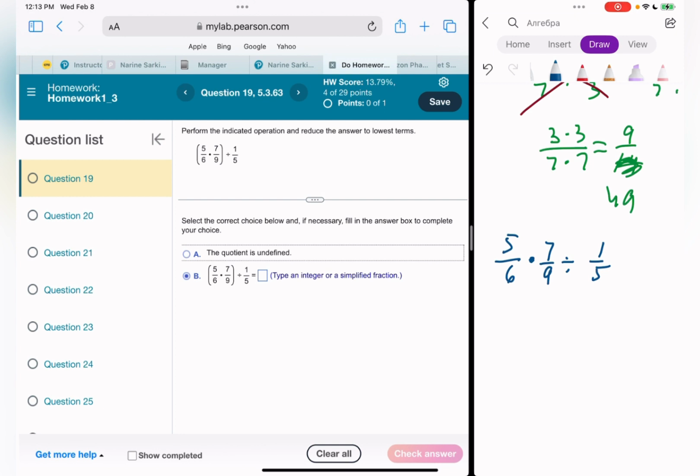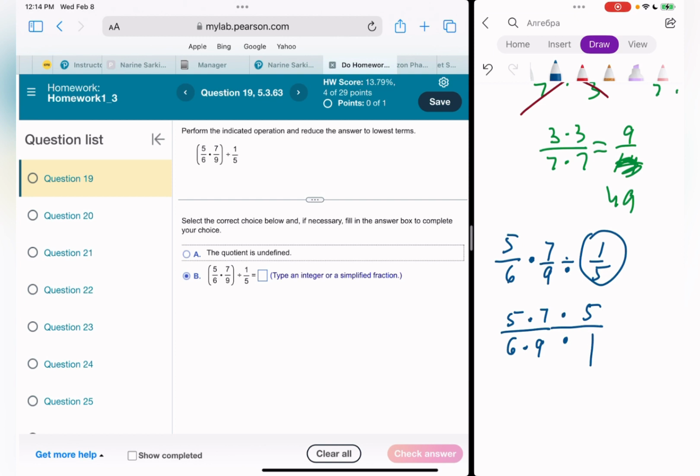So I'm going to combine both of them, see how I do it. When we do multiplication, I just multiply numerator with numerator, and denominator with denominator. But when it comes to division, I am going to flip 1 over 5, it's going to be 5 over 1, and do multiplication, right? There we go.